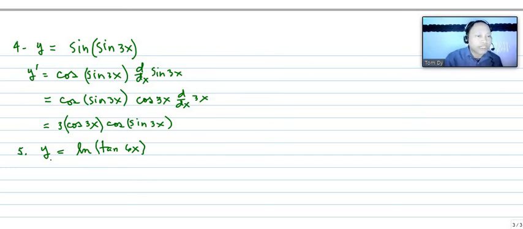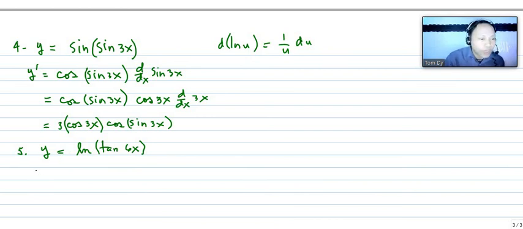So when we take the derivative of this one, we have derivative of ln u. Take note, the derivative of ln u equals 1 over u du. That is our formula that is applicable for this equation.